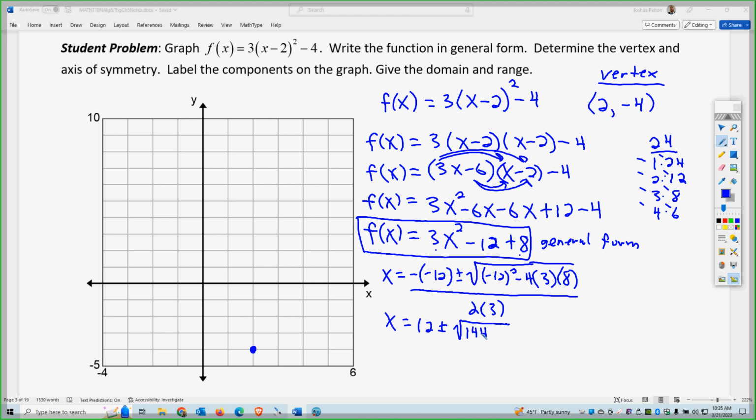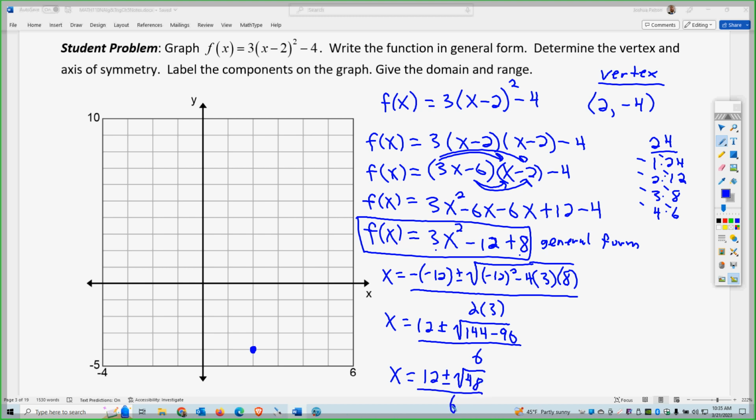So we have 4 times 3 times 8, but the 4 is the negative, right? So 4 times 3 times 8, let's see, that's 12 times 8, that's what, negative 96, over 6. So 144 minus 96, that's what, 48. So x equals 12 plus or minus the square root of 48 over 6.